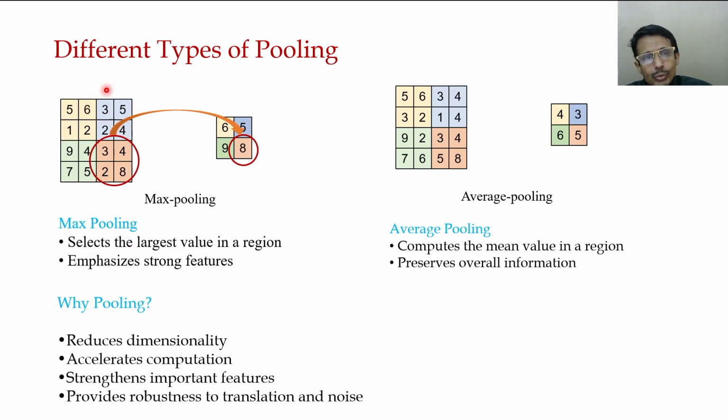So it was a 4 cross 4 activation map, now it becomes 2 cross 2. So it reduced the dimension also.